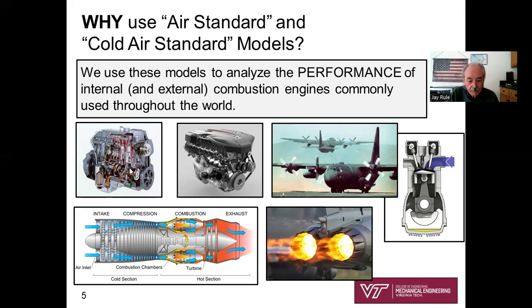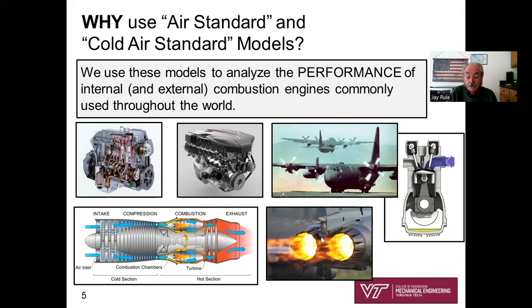So here's a couple of images. I believe this one is a diesel engine. Here's a spark ignition engine that we model as the Otto cycle. Here's a picture of a turbojet engine. This is a propeller-driven aircraft, so it's going to have a gas turbine engine that is producing net power, and that's what's driving the propellers.